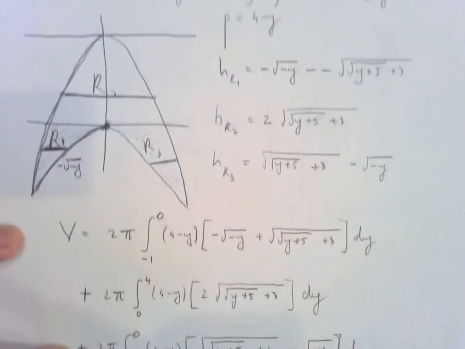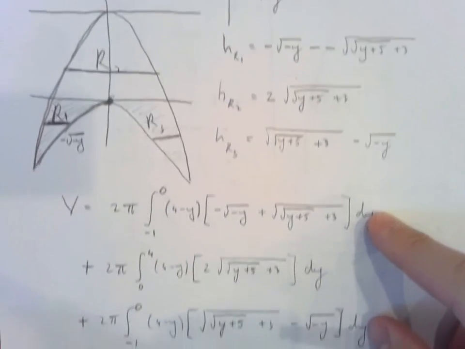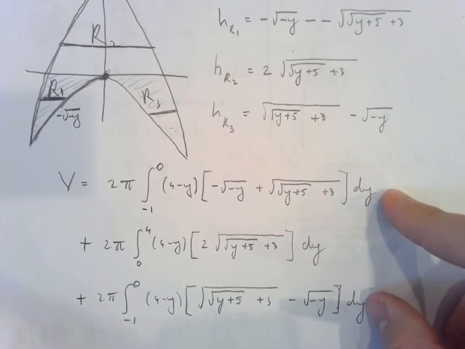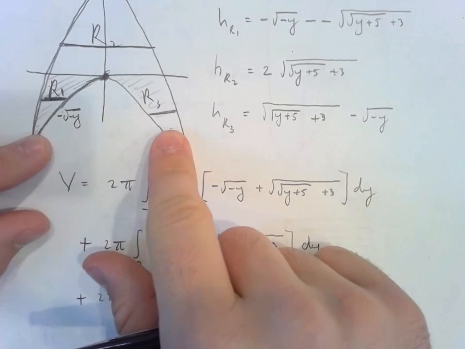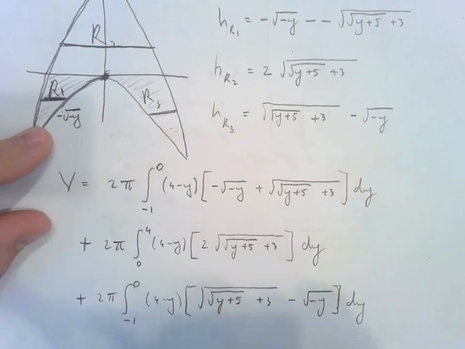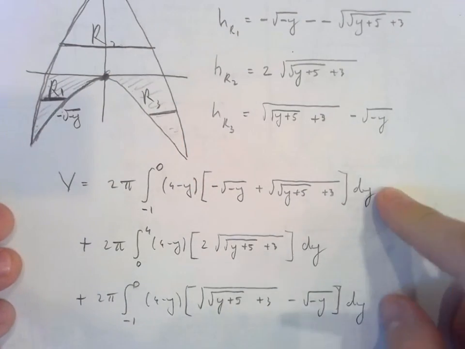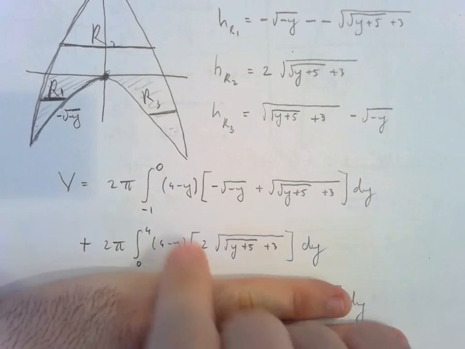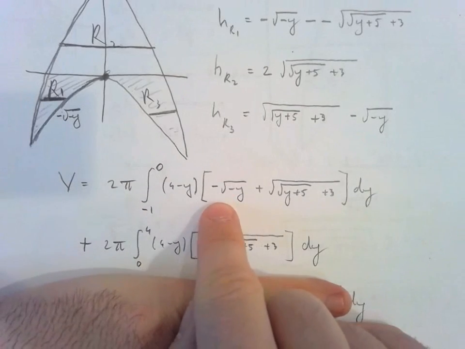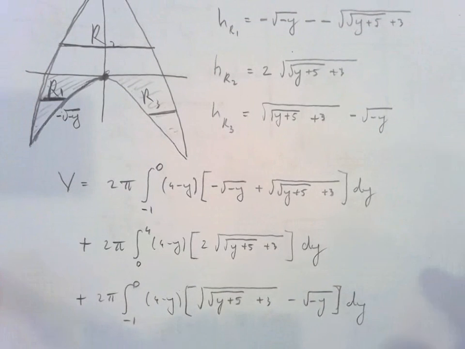And notice it's no coincidence that the first and the last integral look the same, and the reason for that is these two regions are symmetrical when I revolve them about a horizontal axis. So they should be the same, and I could have just done it with two integrals, counting this one twice.